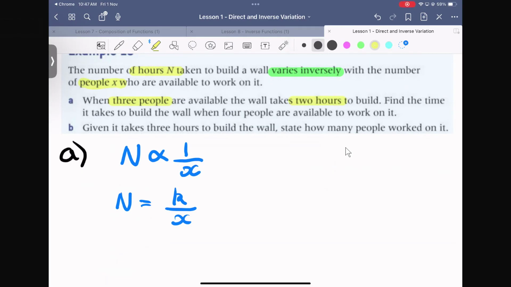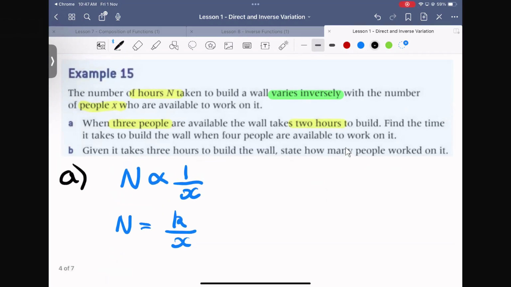Okay, so the 3, is that an X or an N? Is the 3 people an X value or an N value? X. So we've got X equals 3.